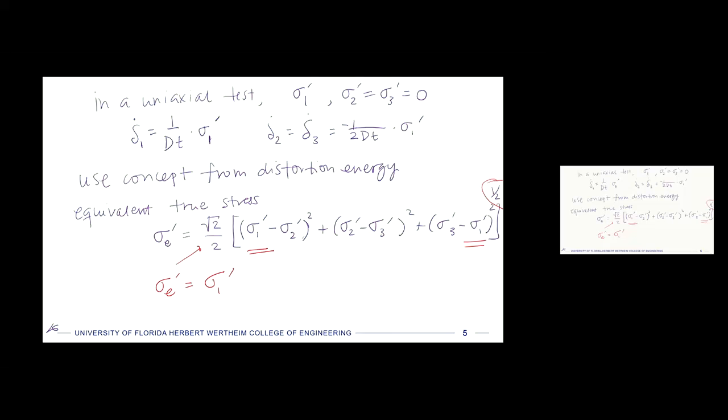And we have that defined from up here related to the rate of deformation. So we're going to substitute that in. So our equivalent stress is going to be the rate delta 1 dot times capital D times T. Okay. So that's helpful because we need something to substitute in for D and T. But we also had an expression before, that log stress time rule, which said that that was equal to B times sigma 1 prime to the power n.